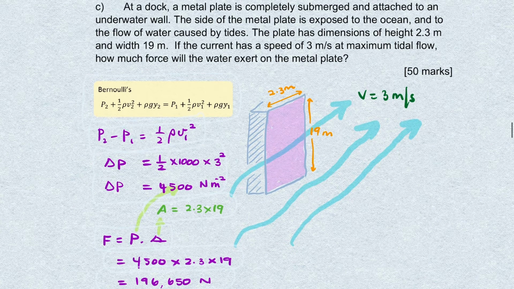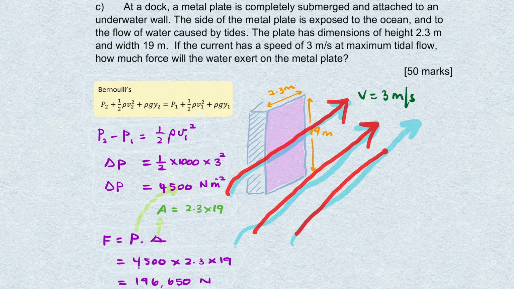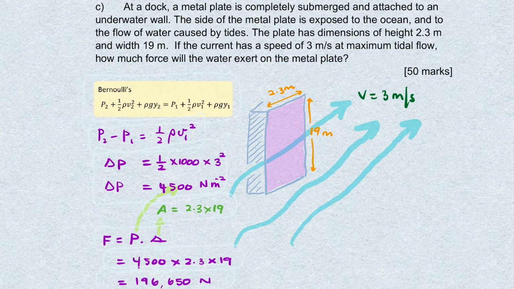Okay, in this question, you have this metal plate that's submerged in water, and one side is exposed to a flow of moving water, and the other side is attached to a brick wall.